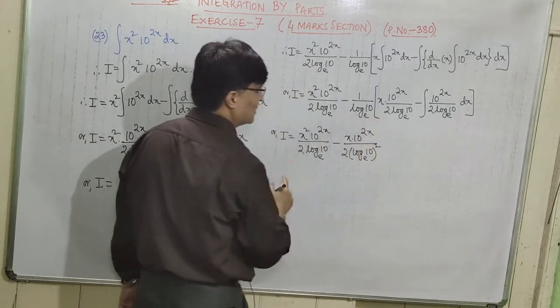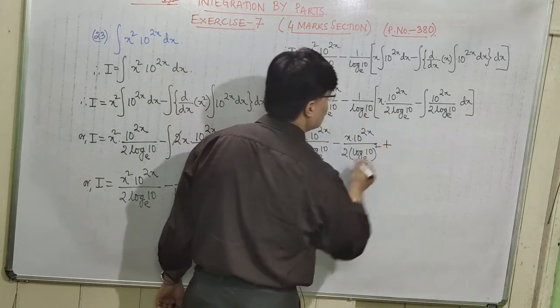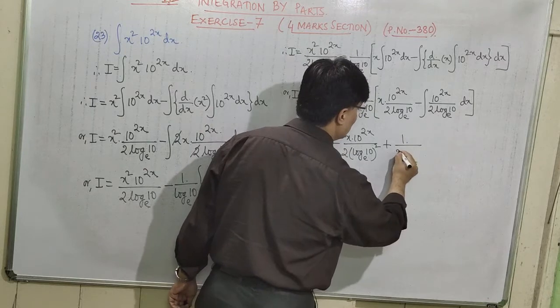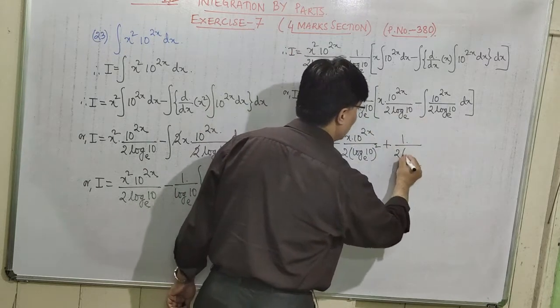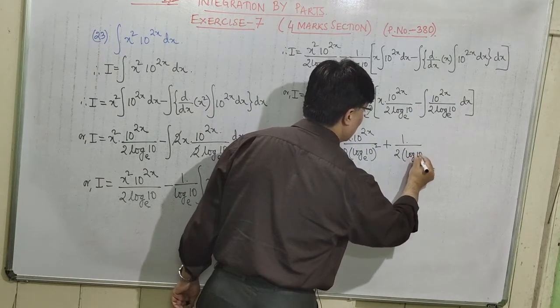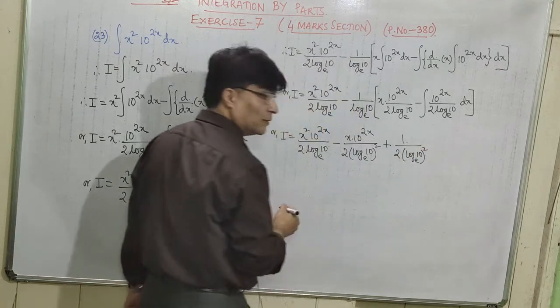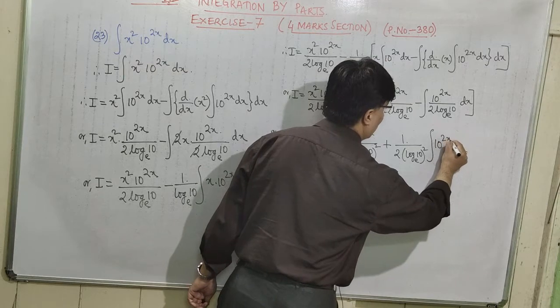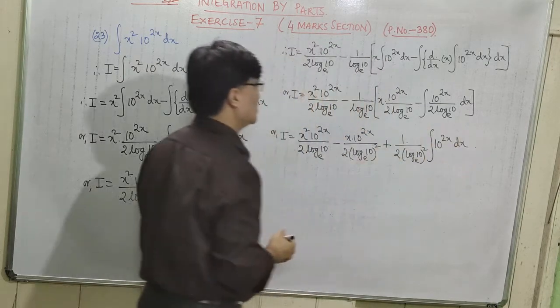These two are multiplied. Minus into minus is plus, plus, which is constant here, 1 upon 2, log 10 base e into log 10 base e is log 10 base e whole square. Then you have to write integration of 10 to the power 2x dx.